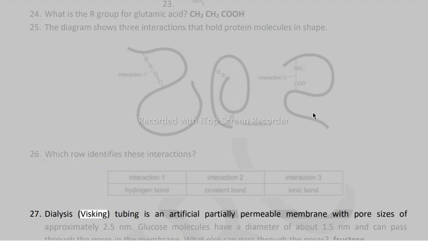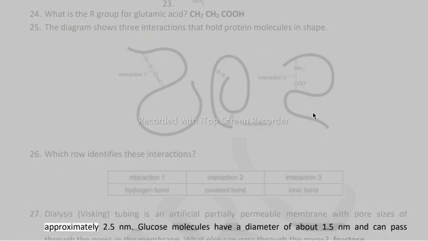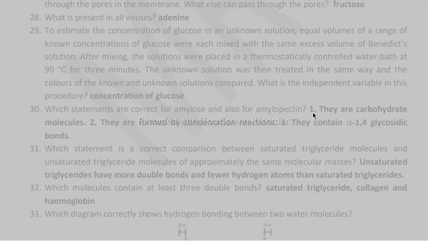Dialysis tubing, Visking tubing, is an artificial partially permeable membrane with pore sizes of approximately 2.5 nanometers. Glucose molecules have a diameter of about 1.5 nanometers and can pass through the pores in the membrane. What else can pass through the pores? Fructose. 28. What is present in all viruses?